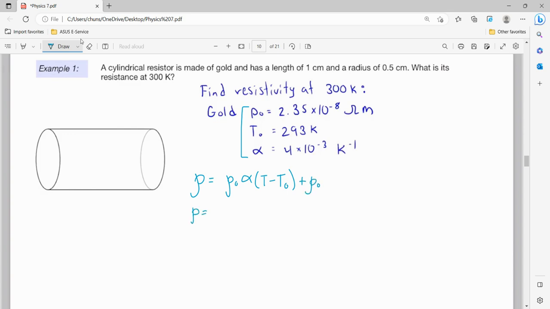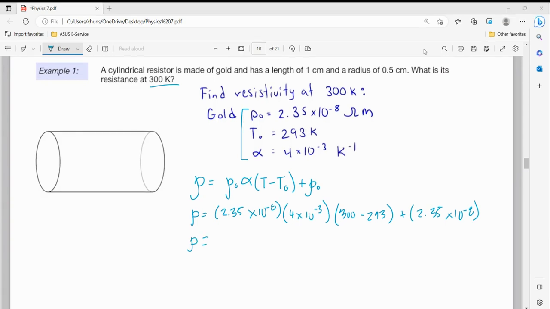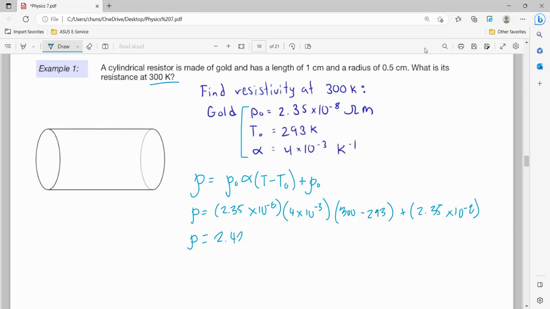So it's 2.35 times 10 to the negative 8, times alpha, that's 4 times 10 to the negative 3, and this is our change in temperature, so we're starting at 300, which was given in our question, minus 293 Kelvin, and this is plus 2.35 times 10 to the negative 8. Okay, and this is equal to about 2.42 times 10 to the negative 8. This is ohm meters.